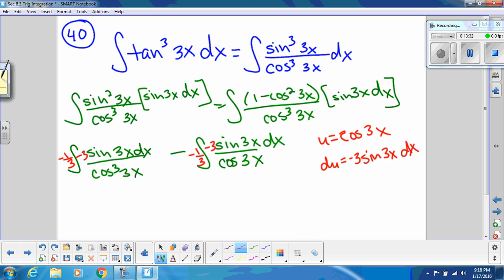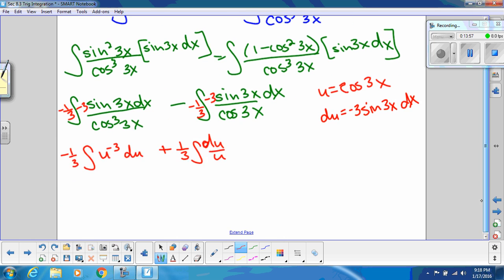Okay, so I'm going to rewrite these with u's. So this is negative 1/3 integral of u to the negative third power du. And then this one, since I have two negatives, I'm going to have a positive 1/3, du over u.